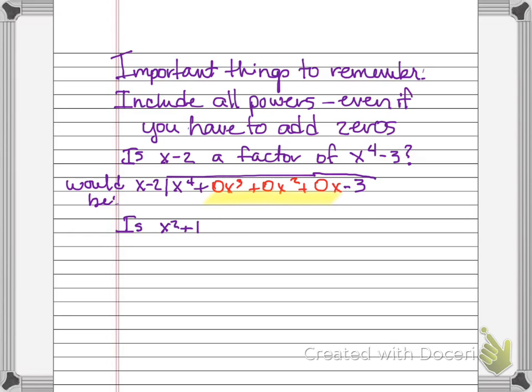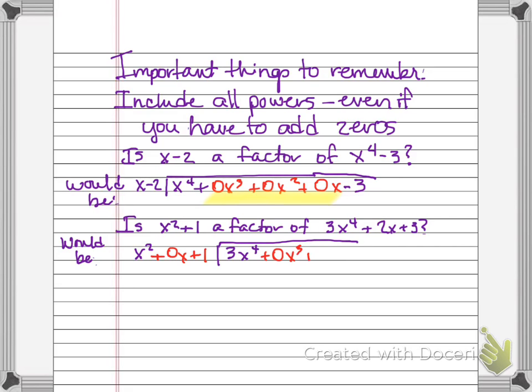Another example is, is x squared plus 1 a factor of 3x to the fourth plus 2x plus 3? That would set up as x squared plus 0x plus 1, a factor of 3x to the fourth, again adding the missing terms and completing the long division.